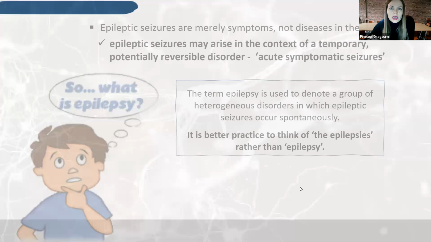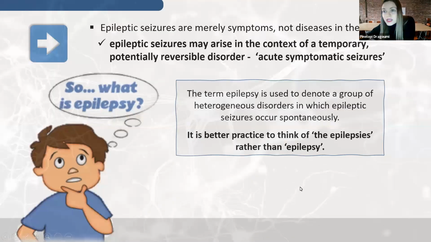So epileptic seizures we have covered. What is epilepsy? We all know that epileptic seizures are merely symptoms, they are not diseases, and we can have epileptic seizures that arise in the context of a temporary reversible disorder, and these are called acute symptomatic seizures. And when we think about epilepsy, this is something different.